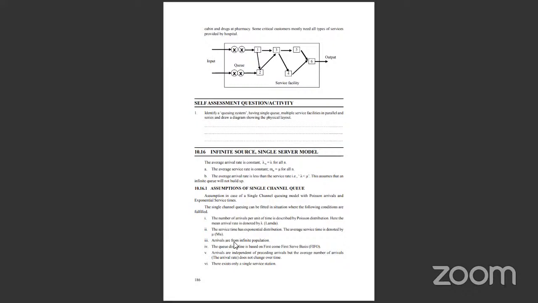Arrivals are from an infinite population, and queue discipline is based on first come, first served basis, that is FIFO. Arrivals are independent of preceding arrivals, but the average number of arrivals does not change over time. So there exists only a single service station.